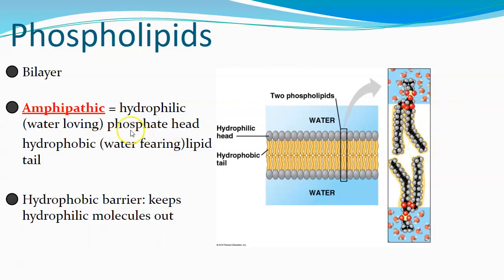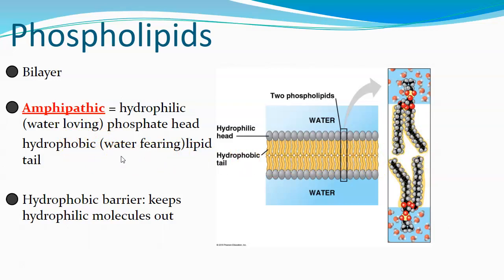So the overall structure is considered amphipathic. Basically, it means that it has different properties on each end. The head group, because it has a phosphate attached to it, is hydrophilic, loving water. And the long hydrocarbon tails, as we know, are hydrophobic.